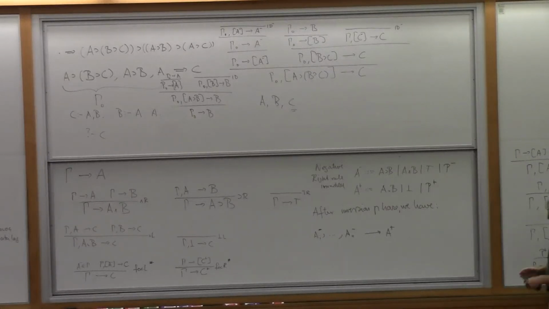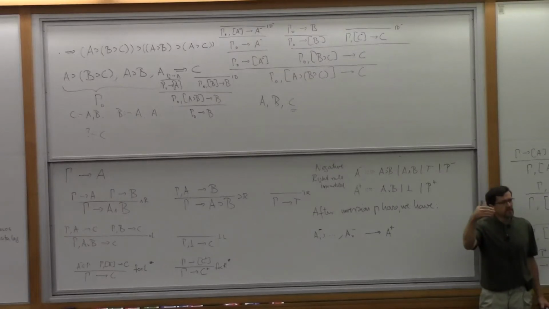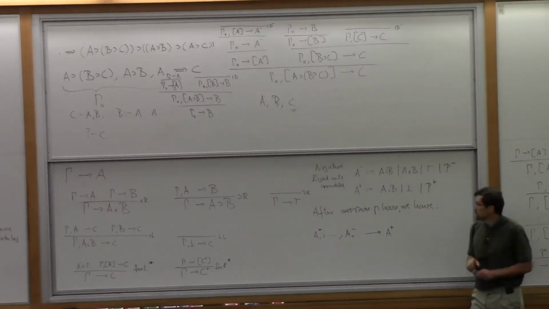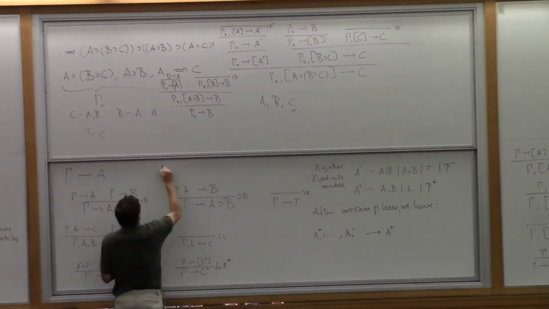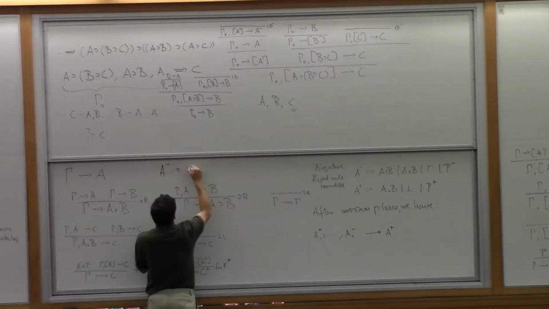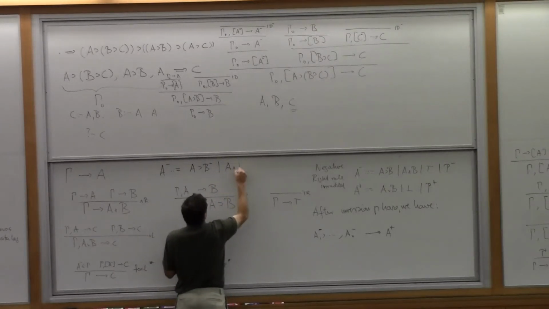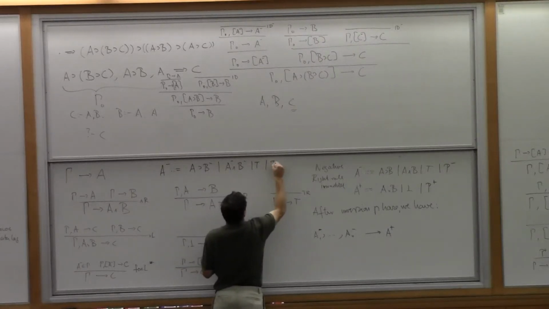When you're in an inversion phase, you will treat all the negative formulas in the same way. You stay within the phase of inversion. So let's make this distinction not a shallow distinction, but a deep distinction. The way we're going to do this is we're going to say a negative formula A is defined as A implies B with B negative, or A and B, which are both negative, or true, or a negative atom.